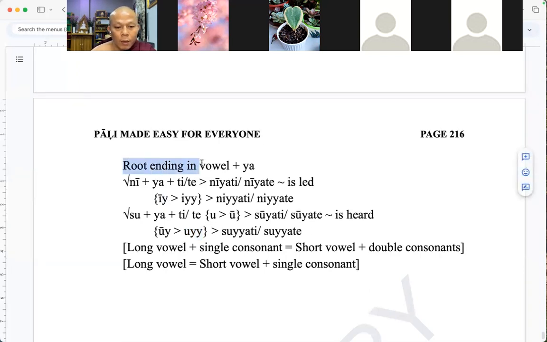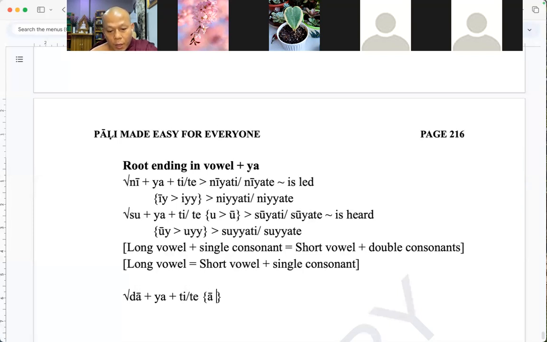So, the roots ending in a vowel and taking the ya suffix, for example those roots ending in the R. So root da, and then ya, becomes D. At that time the root vowel R changes to E. D, D means is given.